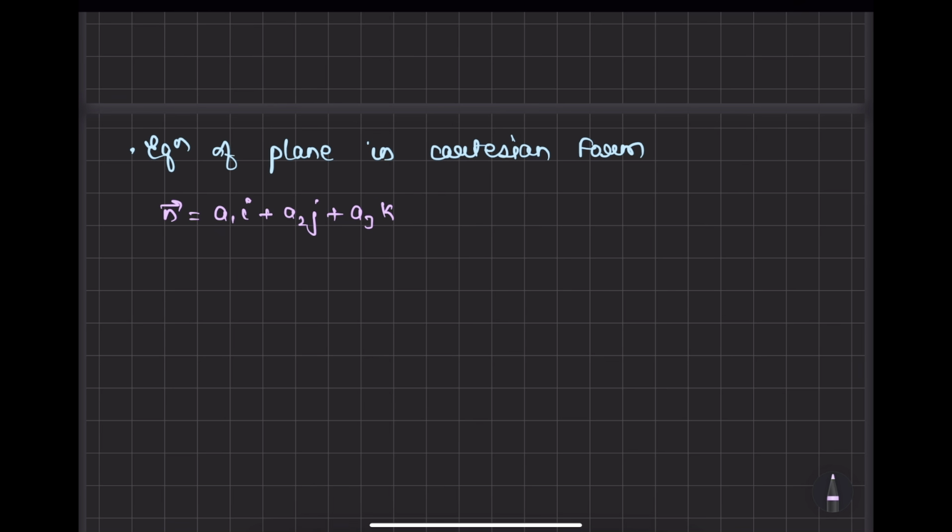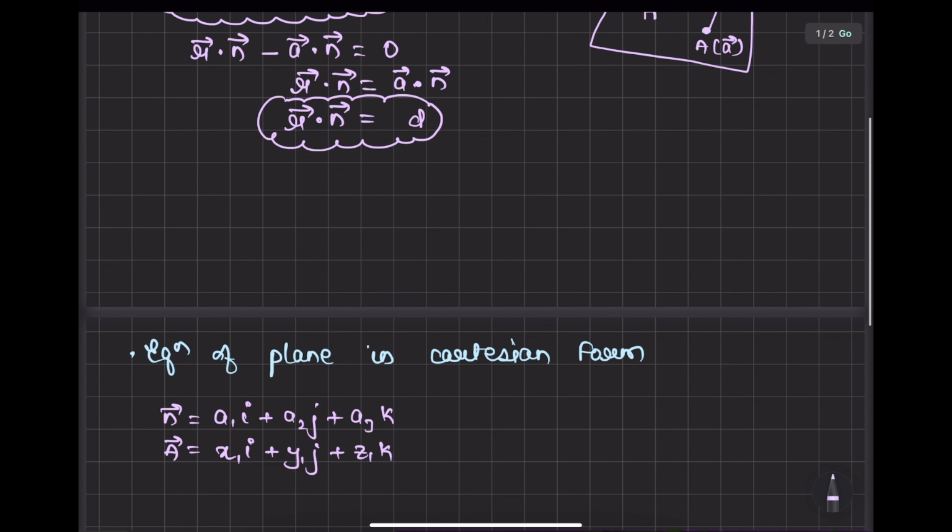Okay, and then we have a vector a. So a is what? It is the given point, x1i plus y1j plus z1k. Okay, so we got this and we imagine an arbitrary point r.